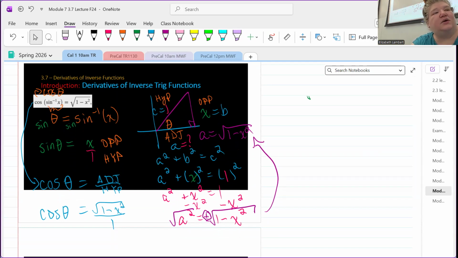You could, but the whole drawing the triangle here, we did learn about that in pre-cal. It really comes into play later on when you start getting the antiderivative of inverse trig functions. If you can construct a triangle with the sides labeled appropriately, you can figure out what the antiderivative is.